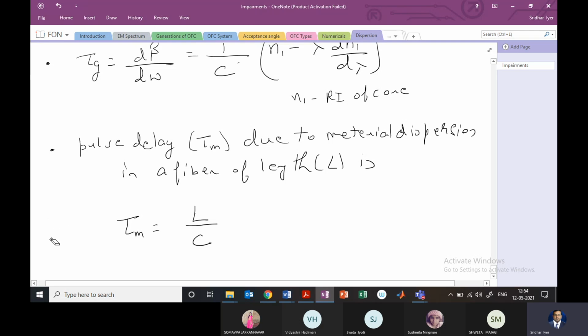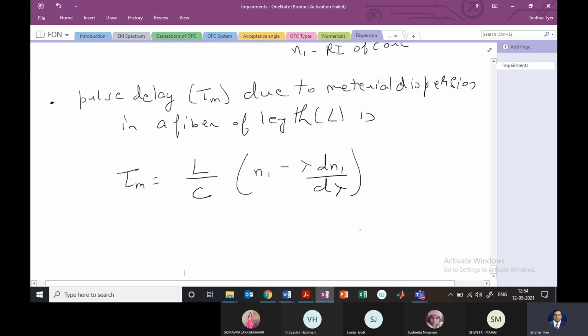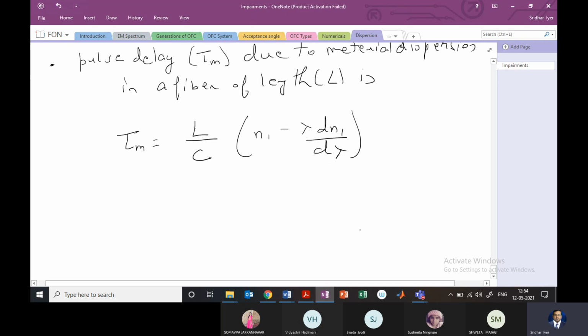So similarly, if I want to calculate the pulse delay in a fiber of length L, it will actually be tau m by L equal to 1 by c. So instead of tau m by L, I've cross multiplied that L. So you have L by c and the same effective refractive index, which is n1 minus lambda dn1 by d lambda, right? So this expression in the bracket is yet to be derived, which we'll be doing when we discuss types of fibers with reduced dispersion, right?